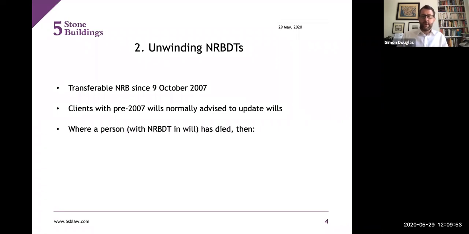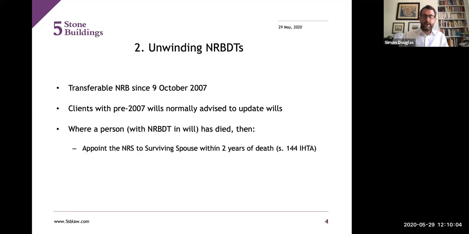What do you do when you're dealing with an estate which has a nil rate band discretionary trust in it? So that is where the person has died and it's too late for them to update their will. Well, if you're within 2 years of that person's death, the easiest way to unwind the nil rate band discretionary trust is to appoint the nil rate sum to the surviving spouse.